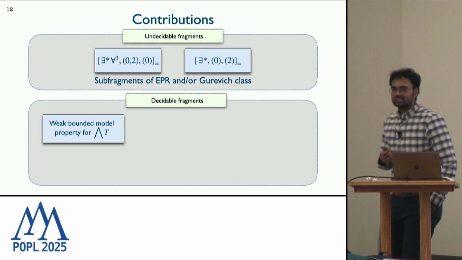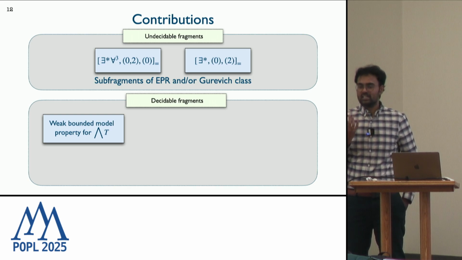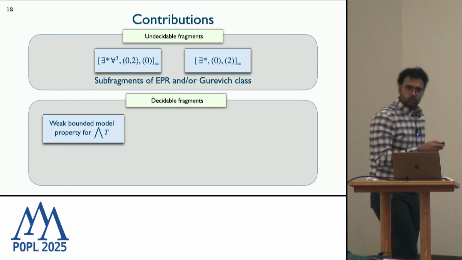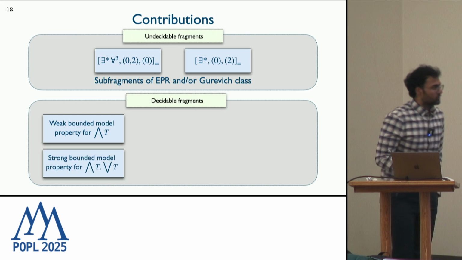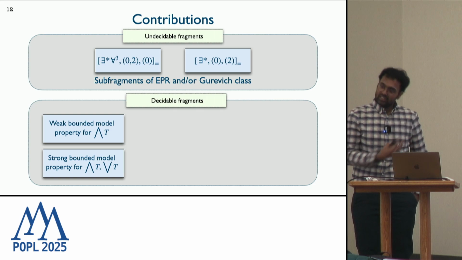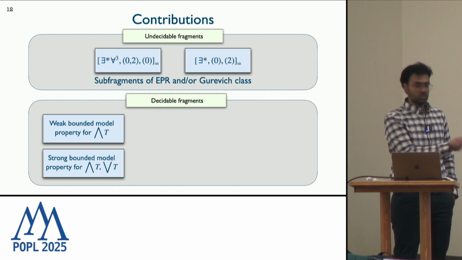That's because the canonical small model property doesn't really generalize to regular theories. So we had to make that property much more specific, and we call it the bounded model property. We come up with 2 different variants of it, and we show that when you have any of these properties, you can actually show decidability, but for the more general question.